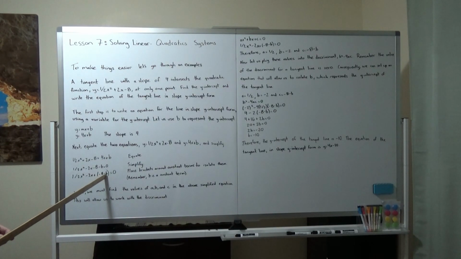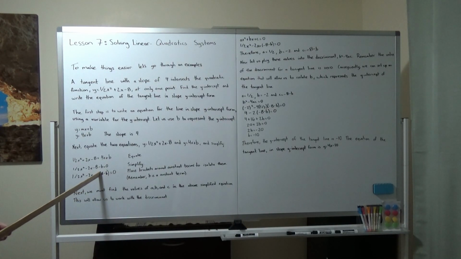So we put the constant in brackets, and we keep a plus sign in front, and that's c. The constant is minus 8 minus b, because minus 8 times plus 1, there's an invisible 1 here, is minus 8, and minus b times plus 1 is negative b. So this is the same as this: 1/2 x squared minus 2x plus, in brackets, negative 8 minus b.